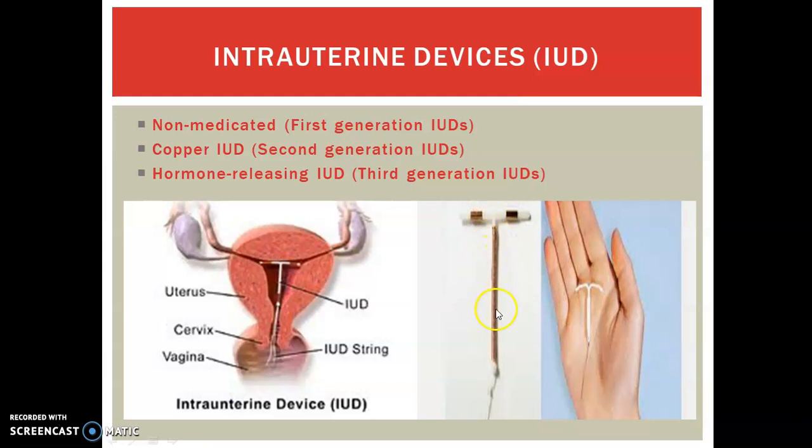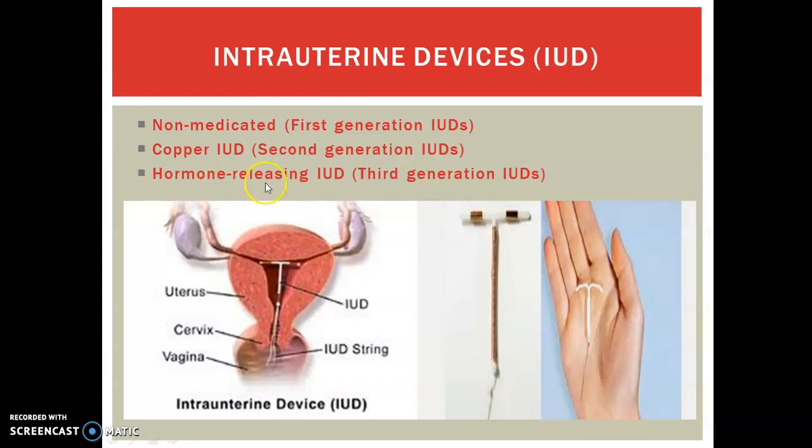The copper ions slowly dissolve and disperse in the uterine fluid, and their presence prevents the implantation of the embryo, because it changes the ionic or chemical environment inside the uterus, and it prevents the attachment of the embryo onto the wall of the uterus. So development cannot occur and pregnancy will not occur.